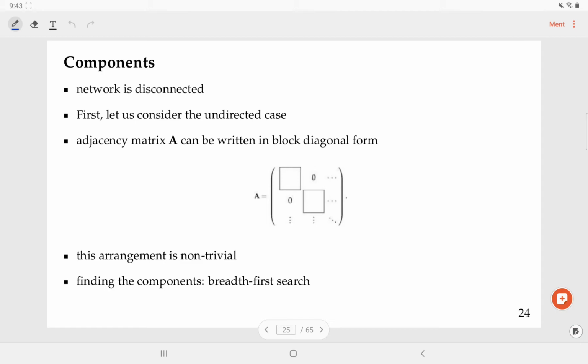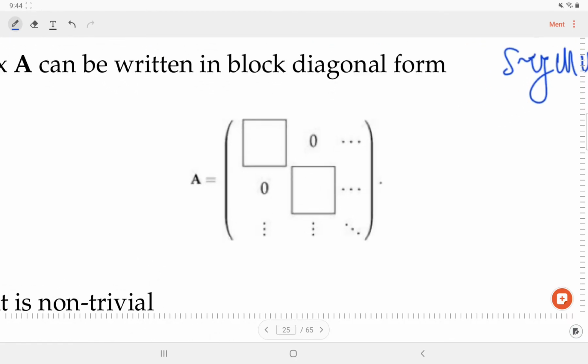Now, if we consider the undirected case, then it means that the adjacency matrix is symmetric. Okay, this is just a reminder. And apparently it also turns out that if the network is disconnected, then the adjacency matrix can be written in this so-called block diagonal form.